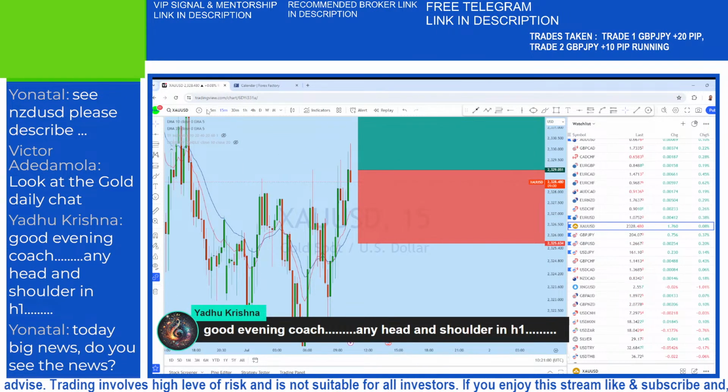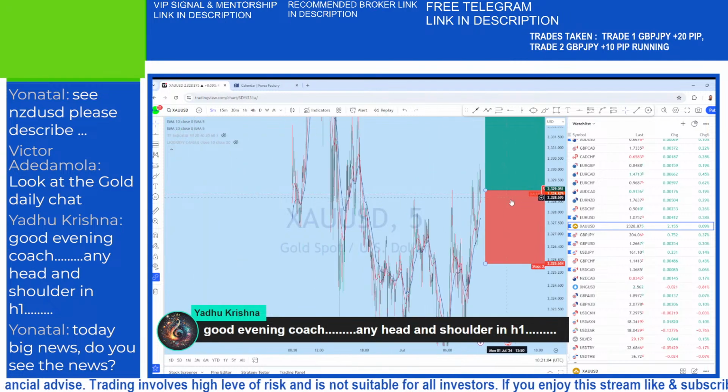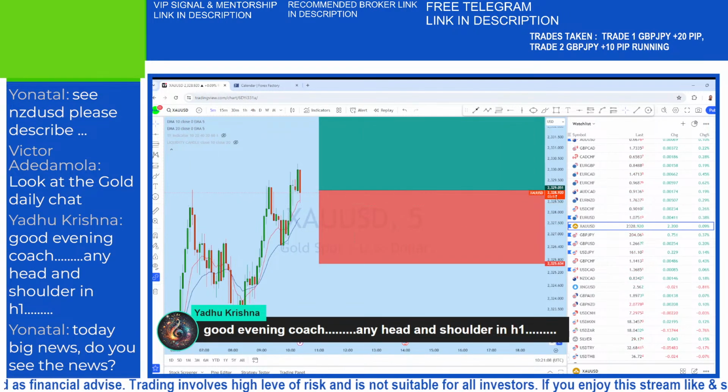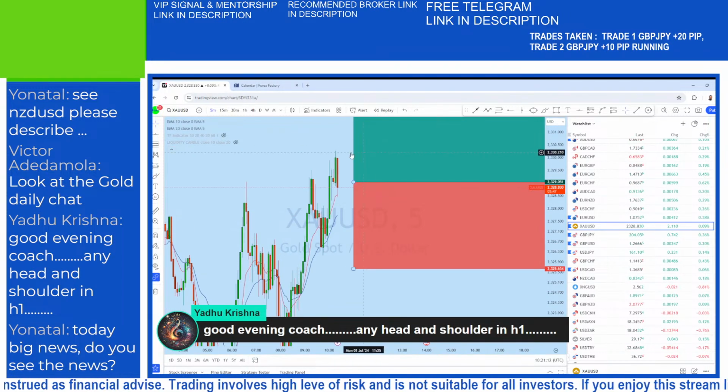What's happening? Why is there a rejection? Because we might see a bit of deeper pullback. So you see a bit of rejection, it might be a correction.